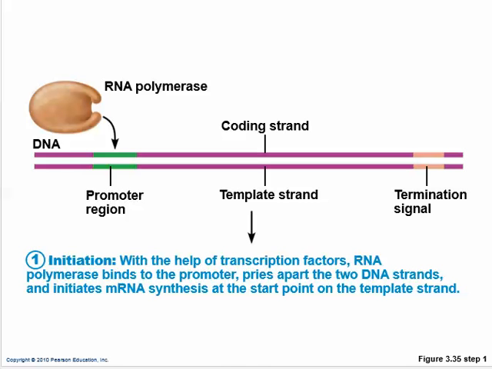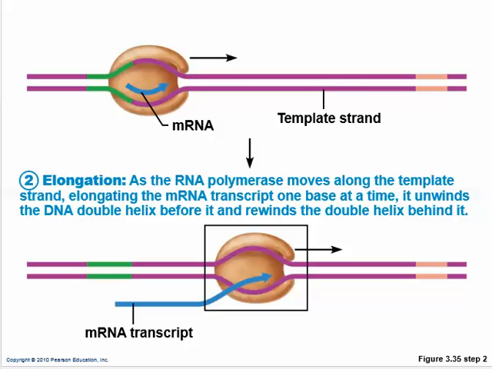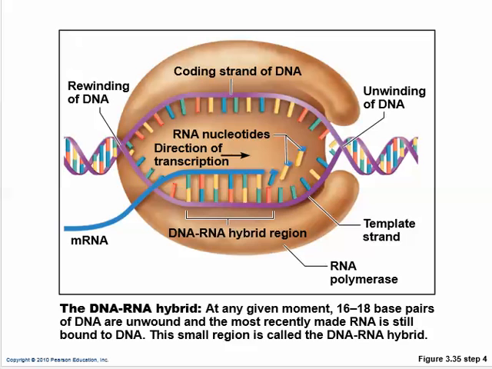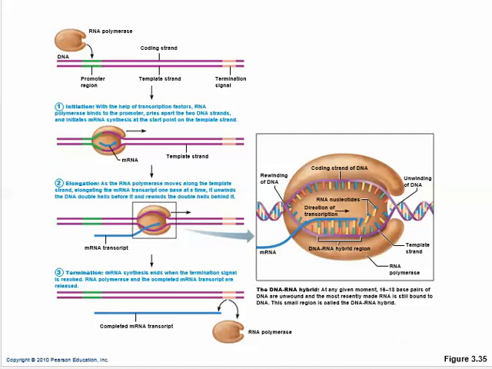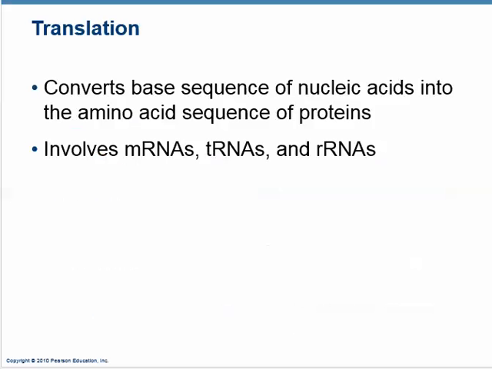So there's an initiation phase, then you start to unwind it, you start to make the messenger RNA as this enzyme runs, and you end up with a complete piece of messenger RNA with codons on it.